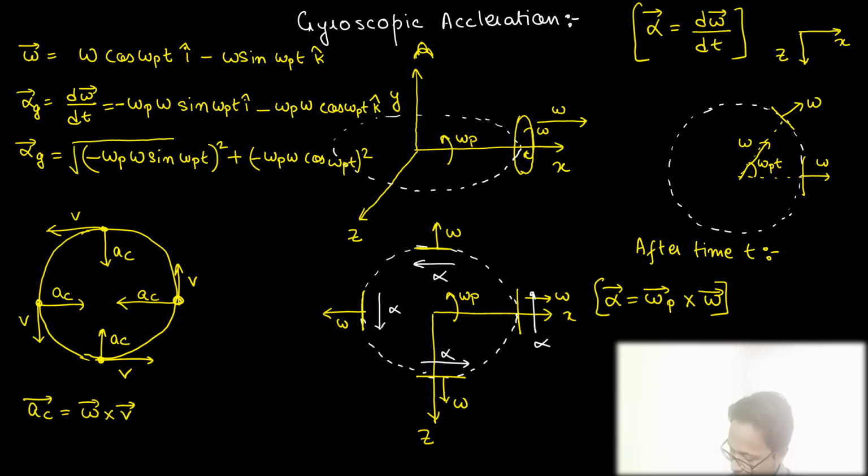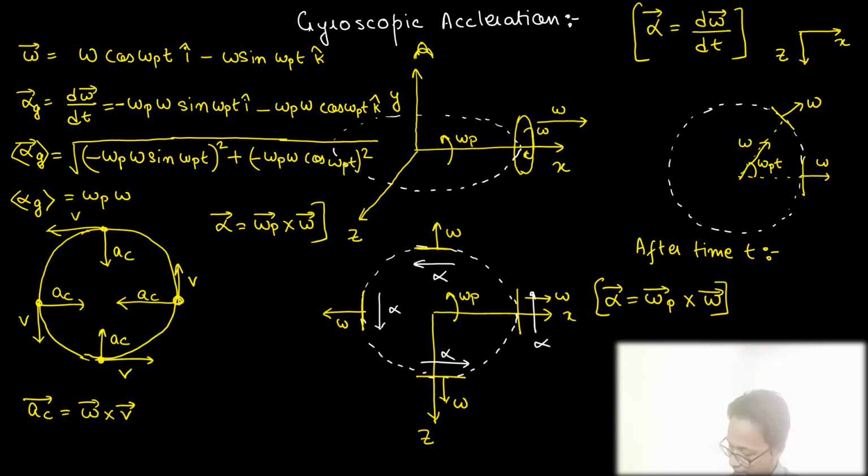Now if you take omega p and omega common, we'll get the angular acceleration. The magnitude of angular acceleration is equal to omega p into omega. The vector form of the same formula is that the angular acceleration vector is equal to omega p cross omega.